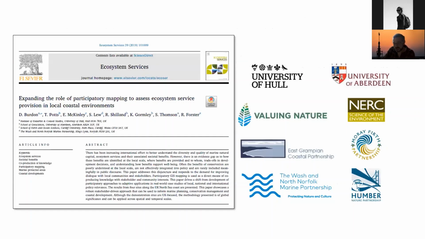I'm not going to talk about those four cases today. That's really the way we've developed the methodology, and we've written it all up into a paper that was published last year. It feels like yesterday, published last year, which goes through the mapping methodology.